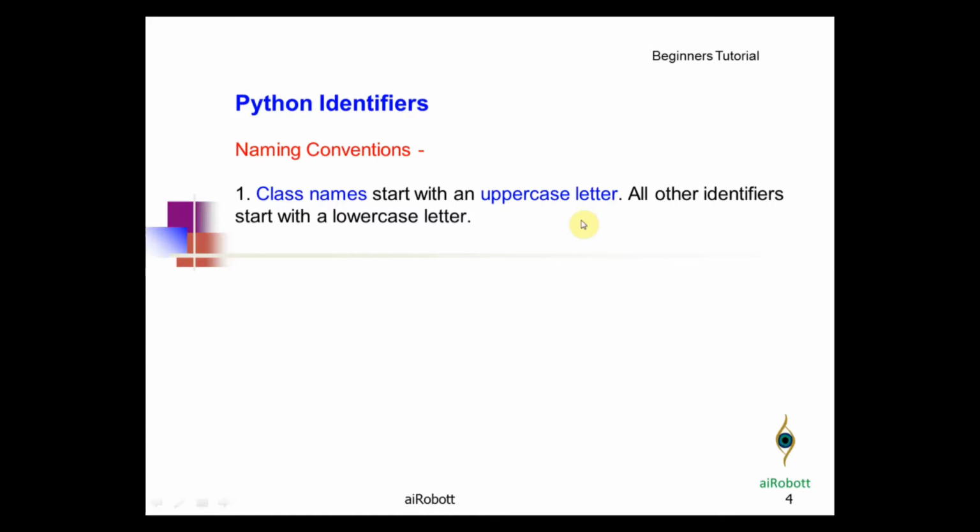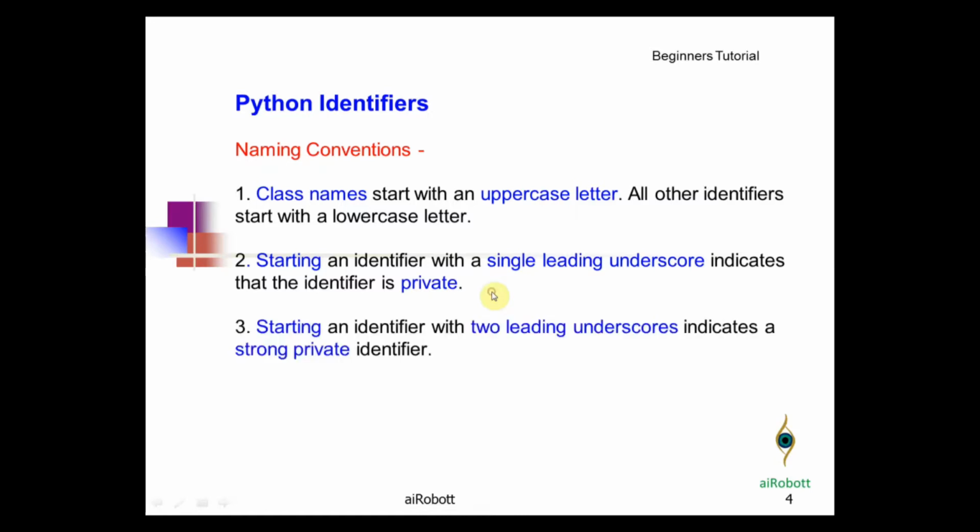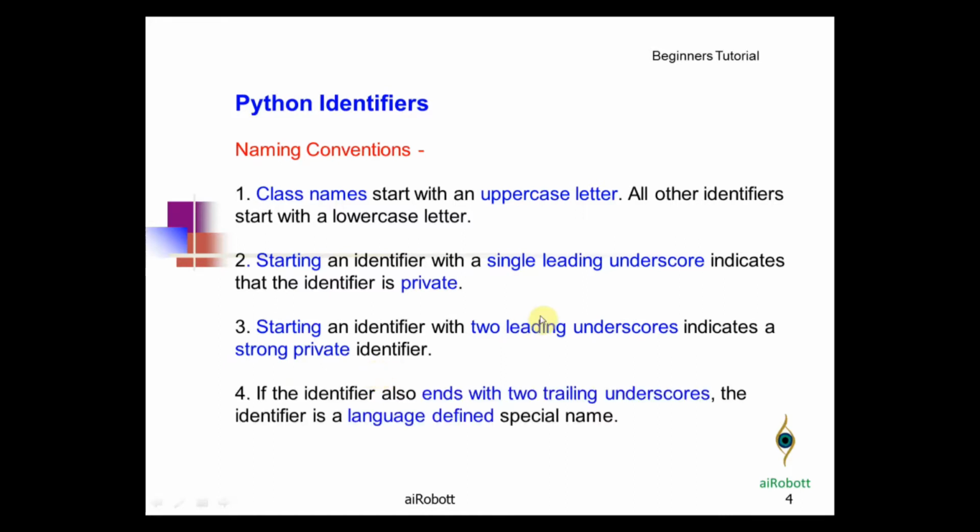All other identifiers start with lowercase letters only. Starting an identifier with a single leading underscore indicates that the identifier is private. Starting an identifier with two leading underscores indicates a strongly private identifier. Next, if the identifier also ends with two trailing underscores, that identifier is a language-defined special identifier.